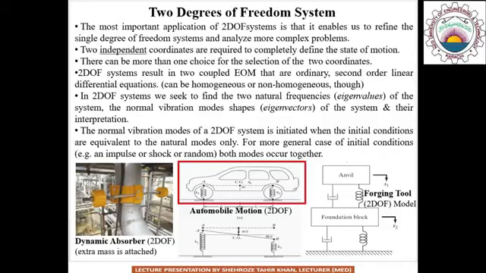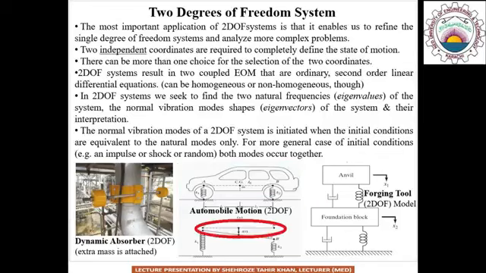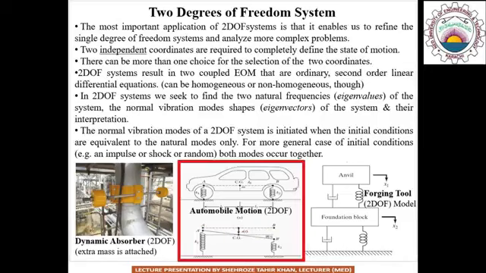Number one, either the car translates up and down due to the elasticity or stiffness of the tires, or number two, it can rotate about its CG due to the moments produced by the stiffness elements K1 and K2 respectively. So this is also a 2 degree of freedom system.